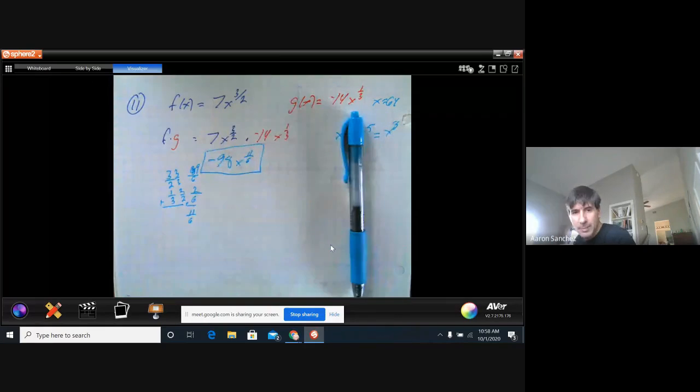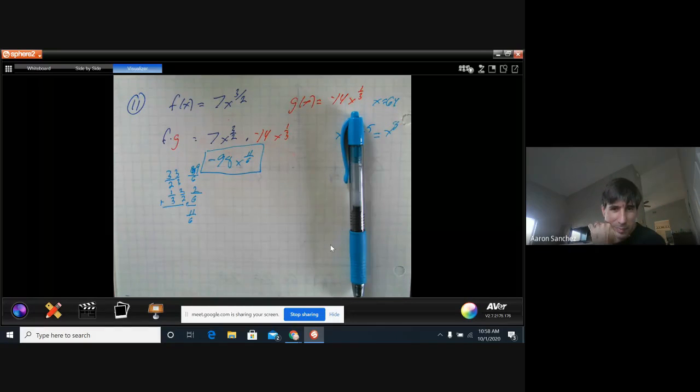Okay, all I'm going to say about that is graph it on Desmos and figure out the domain and range. You guys can do that on your own.